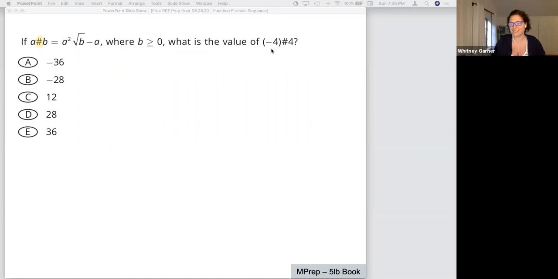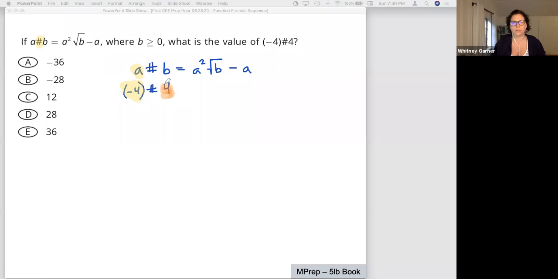So here's what we're going to do. Let's look at it. I like to sort of stack them. If A hash B equals A squared times the square root of B minus A, then the value of -4 hash 4 is that everywhere I see the thing in front of this symbol, it's going to replace all of the A's.